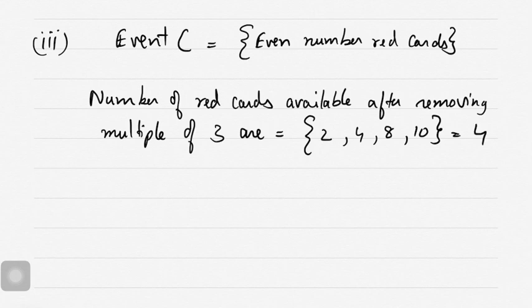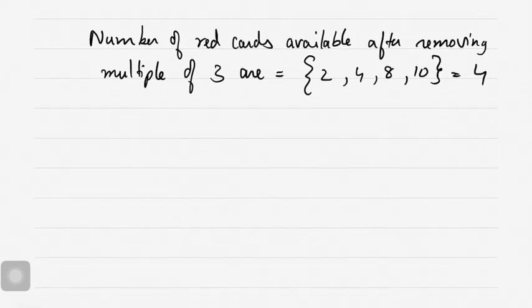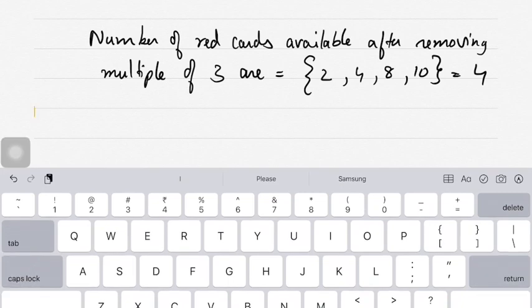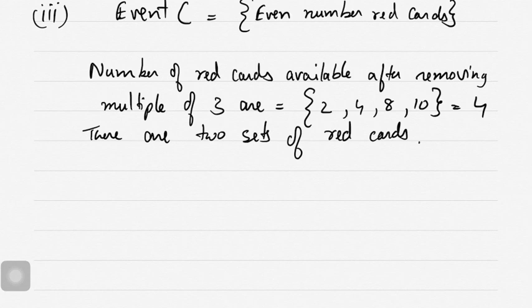6 we have removed, correct? So there are 4 cards for every sign. There are 2 sets of red cards.